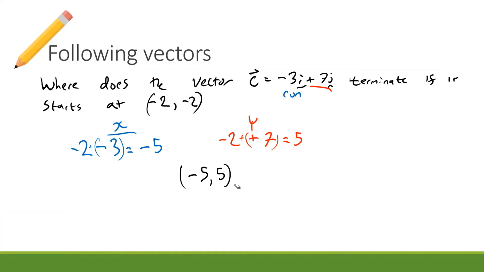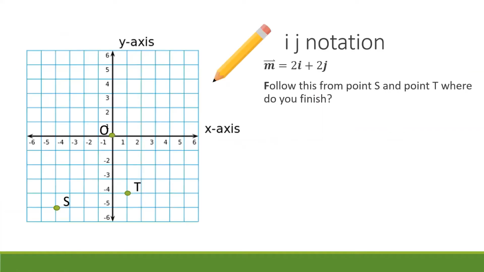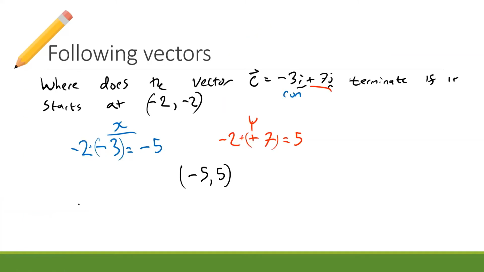Now this is exactly the same thing that we did here. The only difference is that in this one, when we drew it, we had to go step by step. But now I can just give you any old coordinate and you guys can follow it to where it ends up. So that's how we can follow a vector.